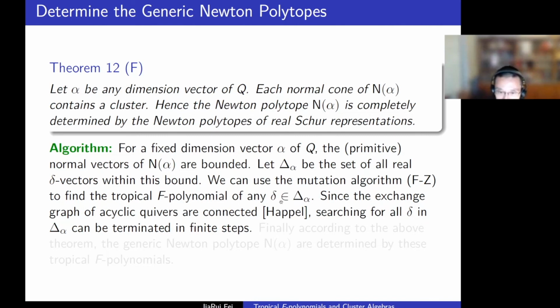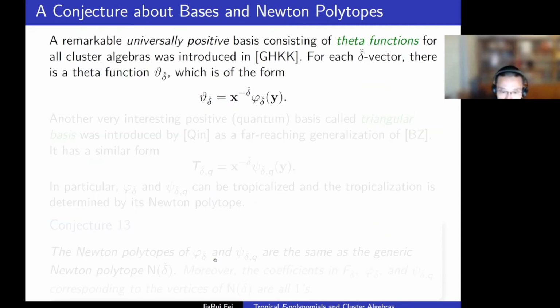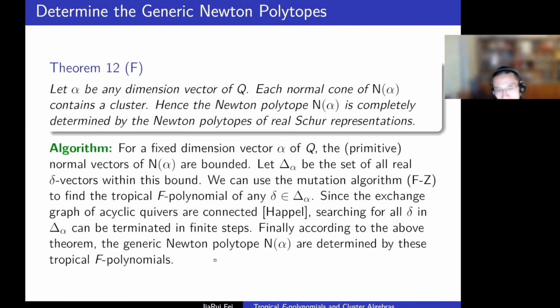So this kind of tropical F-polynomial can be computed in finitely many steps. And finally, we can compute the hom in one direction, and then the other direction is determined. Then I'm able to determine the Newton polytope. So it's not a great algorithm, but it works. Okay, I think I'm done here.